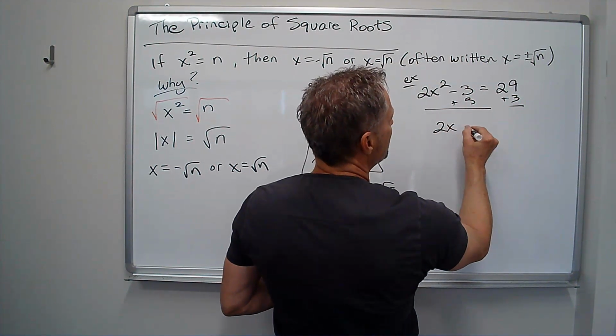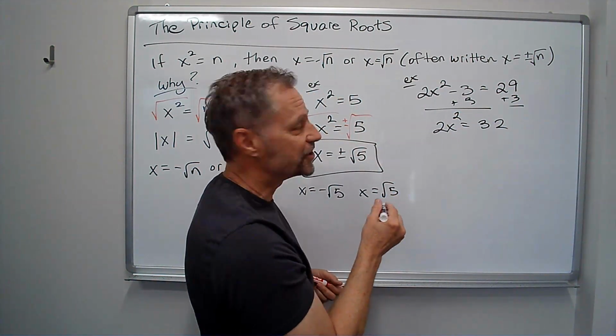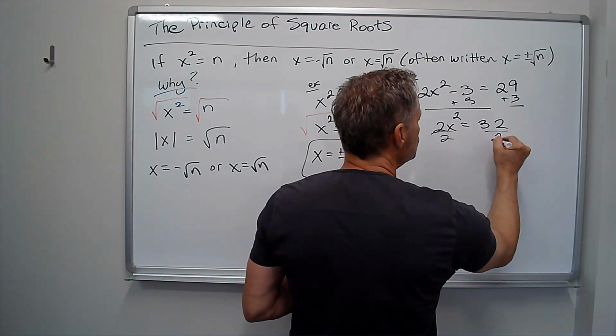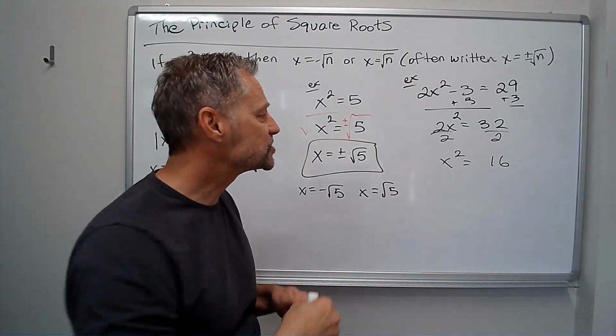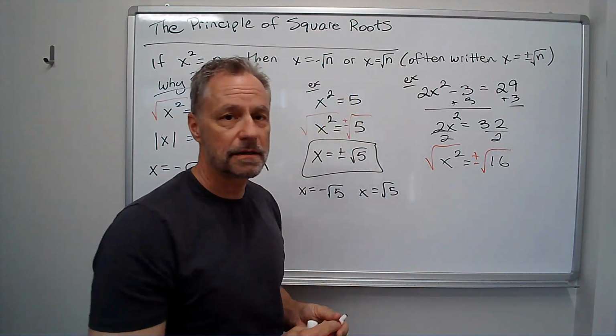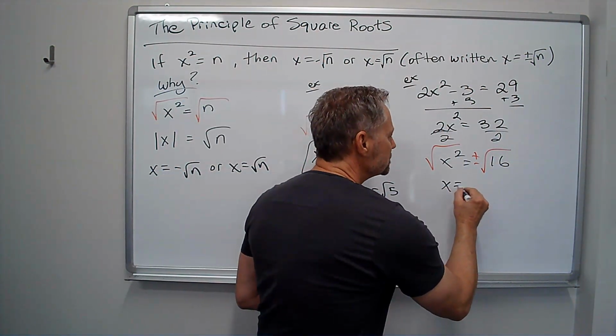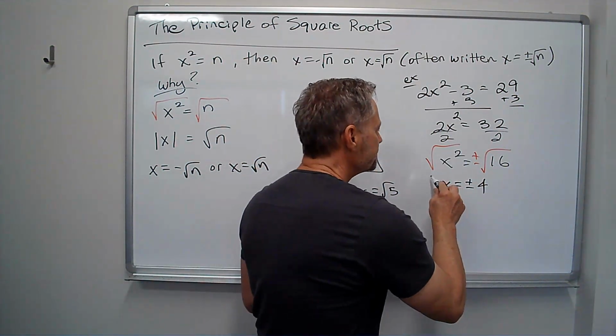So I've got 2x, oh, 2x squared equals 32. Divide both sides by 2, x squared equals 16, and now I can take the square root of both sides as long as I put the plus or minus there. And so now I get x equals plus or minus 4, and it gives me two answers, 4 or negative 4.